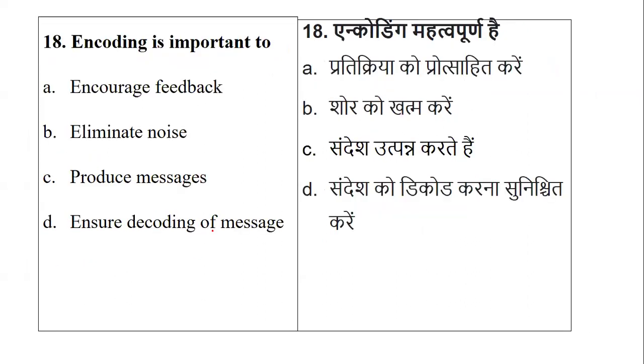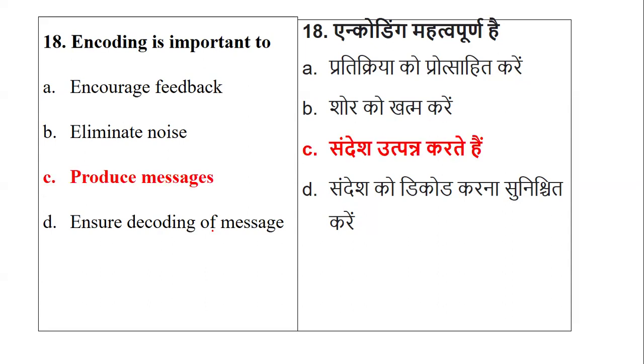Now, encoding. We have already done encoding and decoding very clearly, still I have given you a question on encoding. Encoding is important to encourage the feedback, to eliminate the noise, to produce messages, or to ensure the decoding of the message. As I told you, who does what? What does the sender do, and what does the receiver do? Encoding comes from the sender and helps to produce the message.